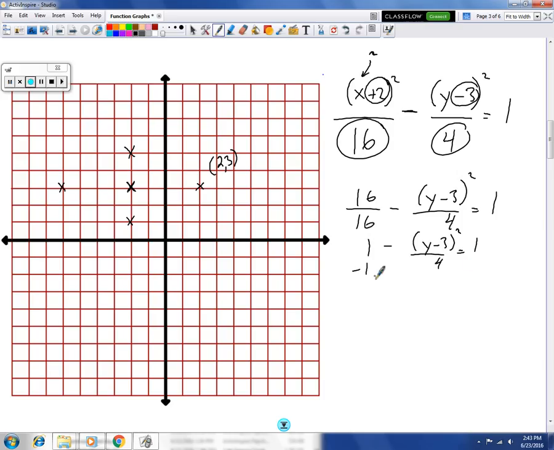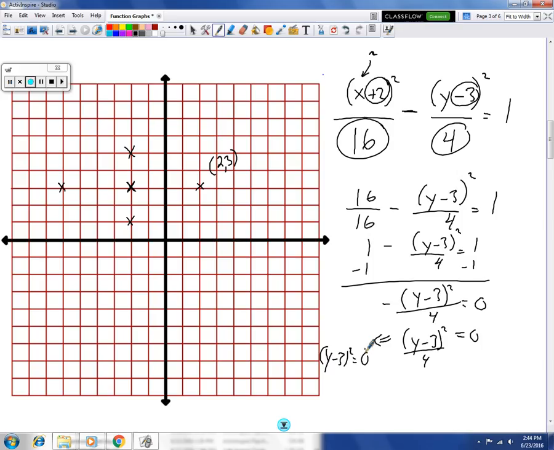I subtract 1, and I would have negative y minus 3 squared over 4 equals 0. So I could divide by negative 1, which is still 0, and I could multiply by 4, which is still 0.